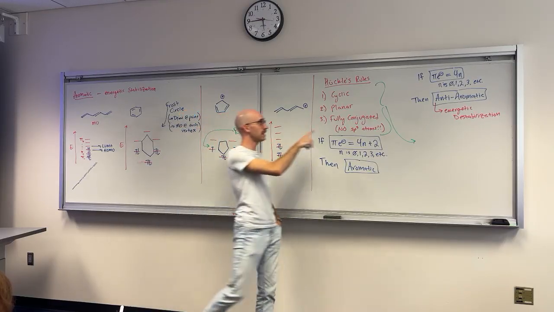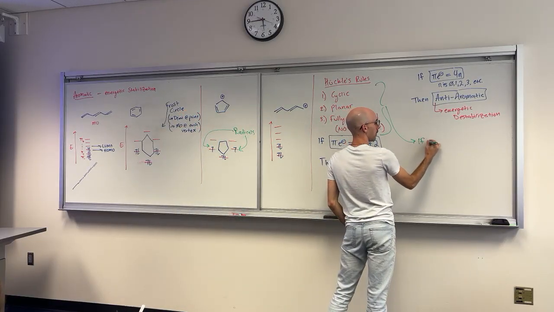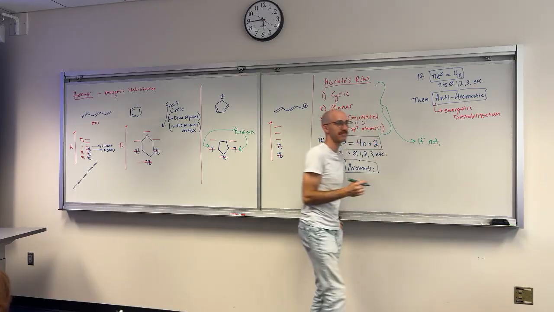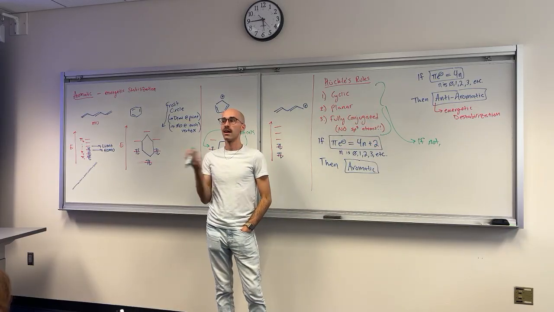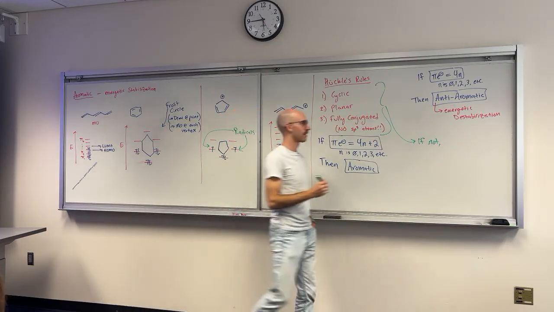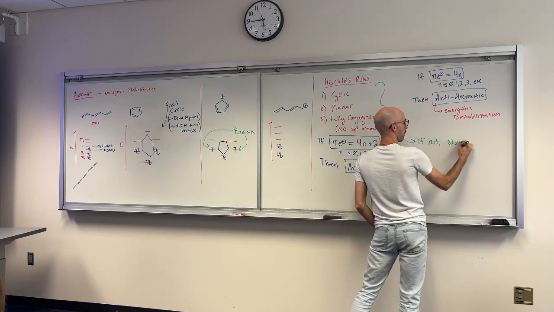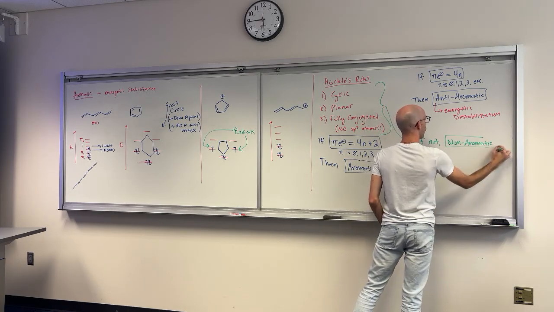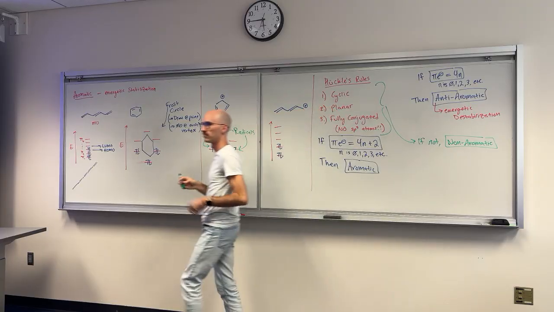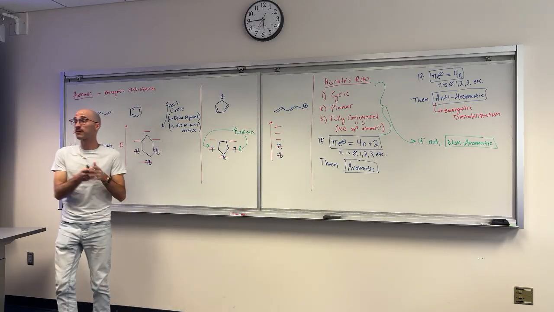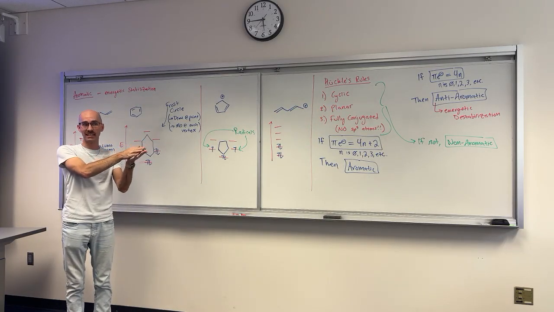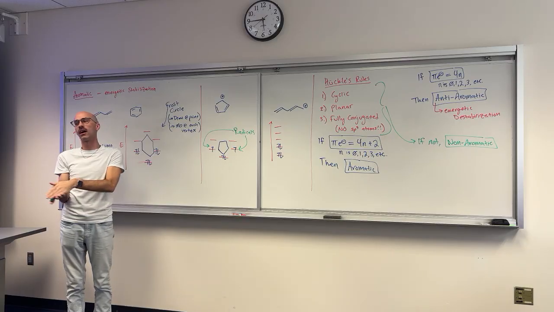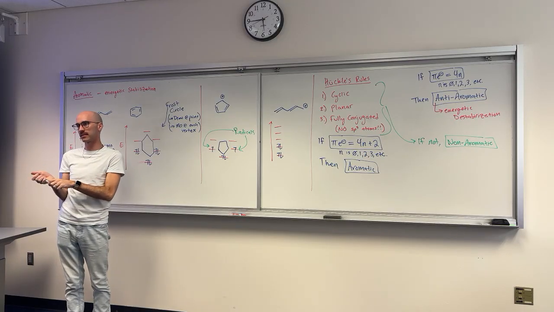And if you break any of these 3 rules, what do we call it? Non-aromatic. What were you going to say, Maddie? I just said that. Bad. No, not bad, just normal. Notice the difference between anti-aromatic and non-aromatic. They are not saying the same thing.